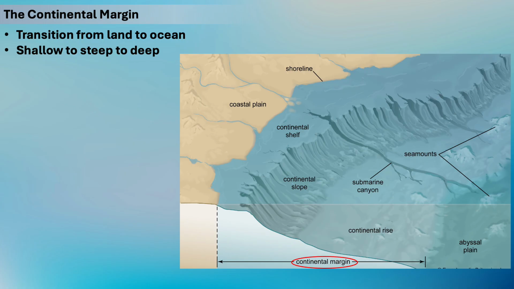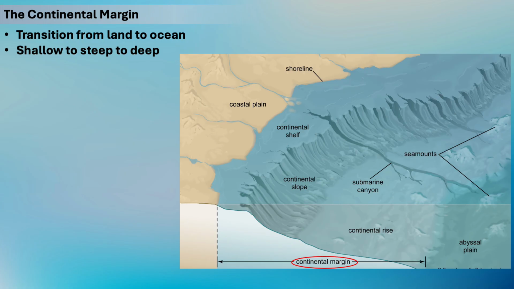One of the most common misconceptions is the idea that continents end at the coastline. In reality, the coastline is a visual and political boundary. It's not a geological one. Geologically, continents often extend far offshore beneath the ocean.